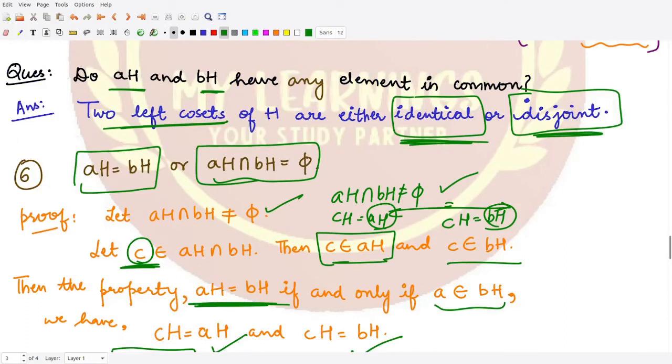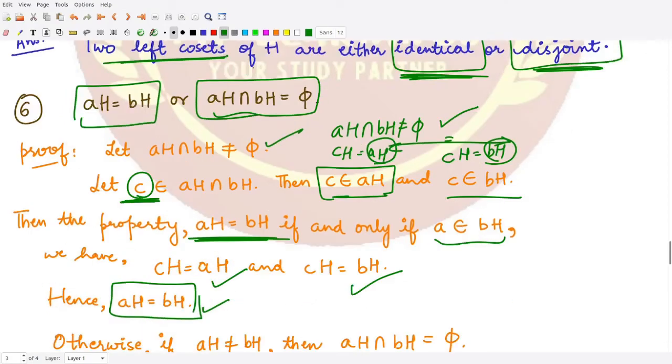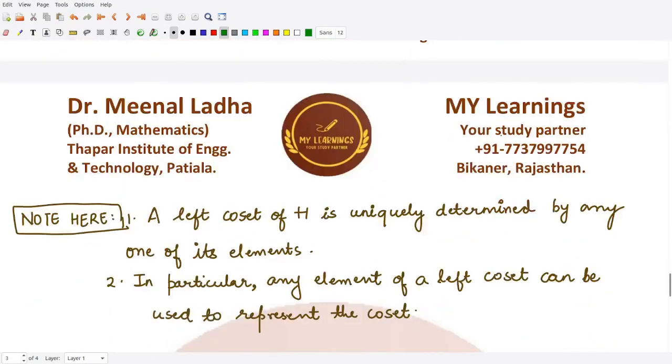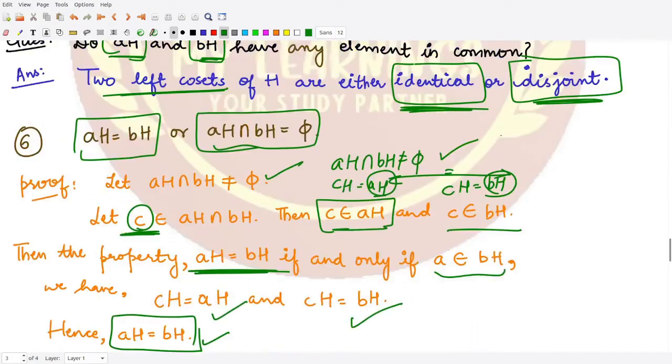In a similar line, can we know how many elements are present in AH and how many elements are present within BH, or do they have different numbers of elements in different cosets? Let's answer this question by our next property. Before moving on, a few things should be noted.